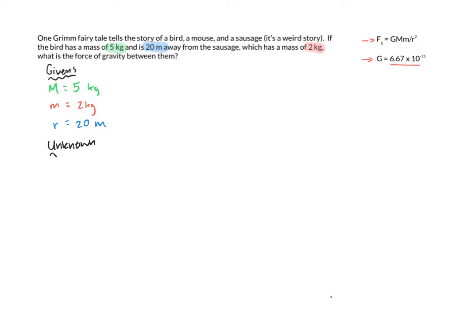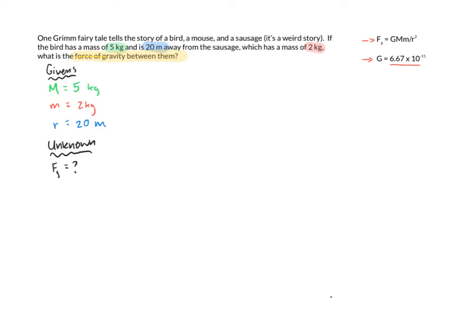Now, our unknown in this situation is the force of gravity between them. Them, of course, being the bird and the sausage. So our unknown is the force of gravity between the bird and the sausage. And the equation we're going to use to figure out that force is our gravitational force equation.